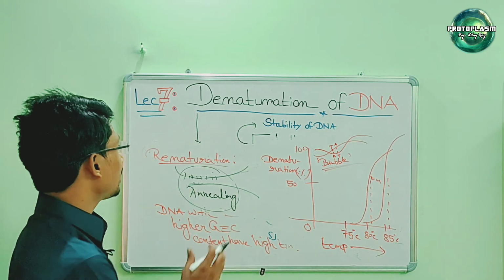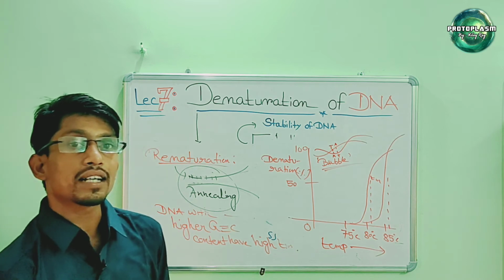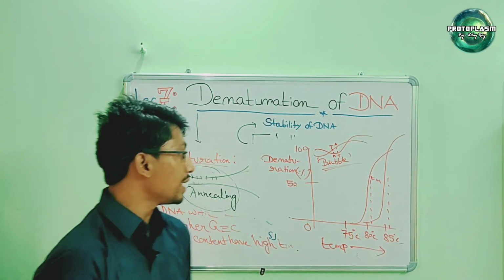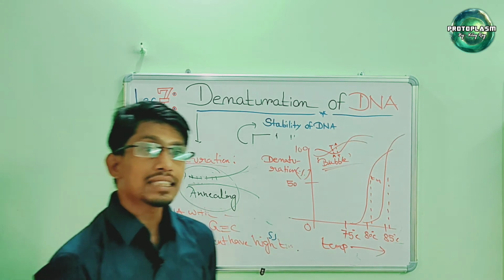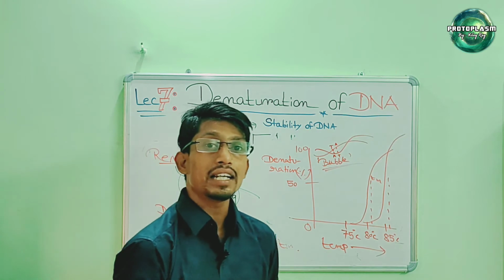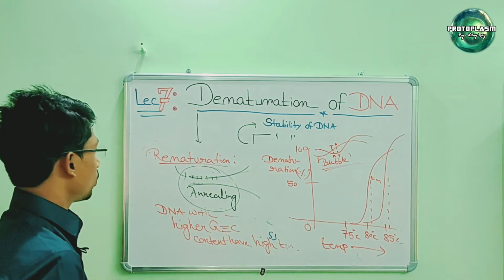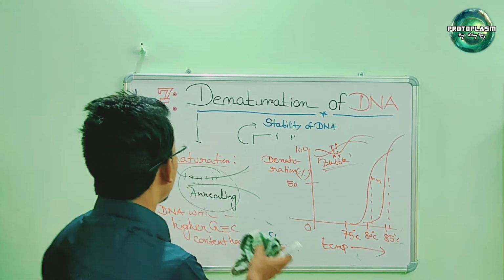Now, at the end of this lecture, you can see the graphical representation of the DNA melting point based on the GC content, as well as the DNA molecule thread-like vision in the electron microscope. Okay, so this was denaturation and renaturation.